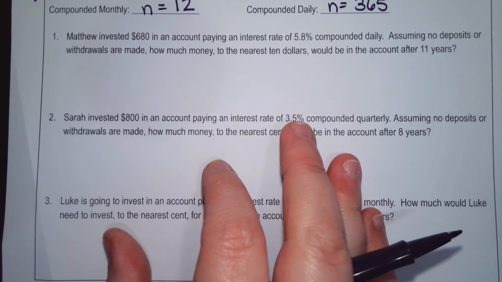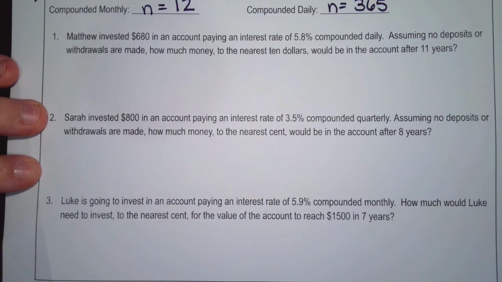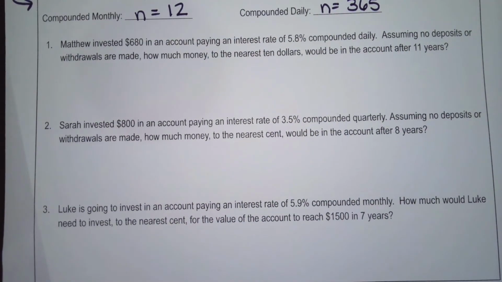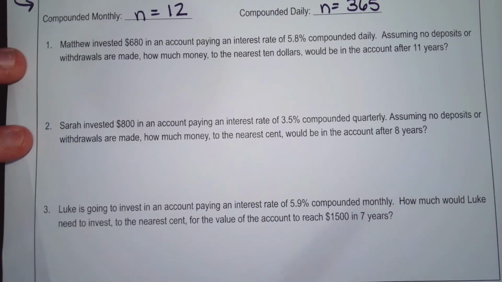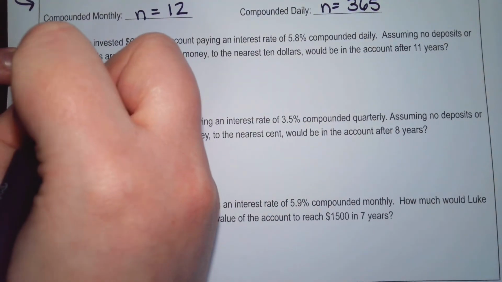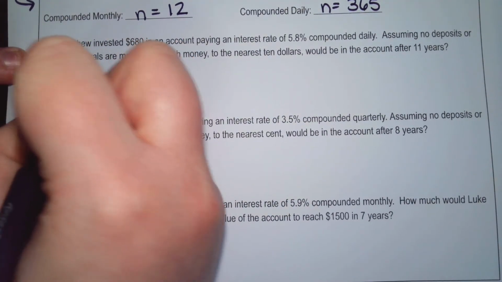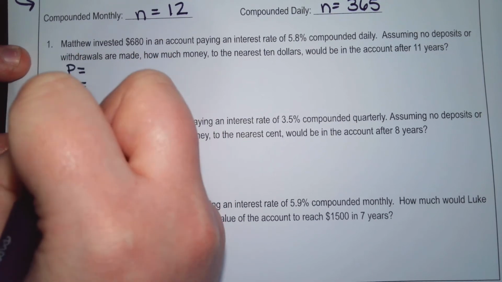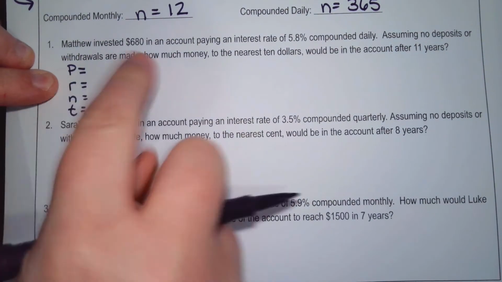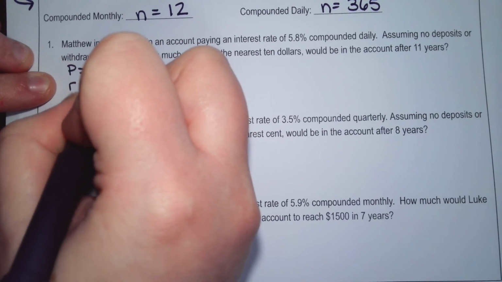So Matthew invested $680 in an account paying an interest rate of 5.8% compounded daily. Assuming no deposits or withdrawals are made, how much money to the nearest $10 would be in the account after 11 years? So let's identify all our key pieces. P, R, N, and T. So our starting amount is 680.